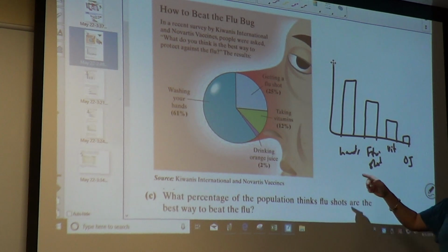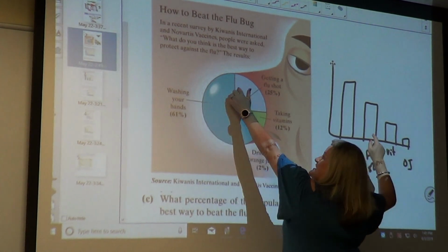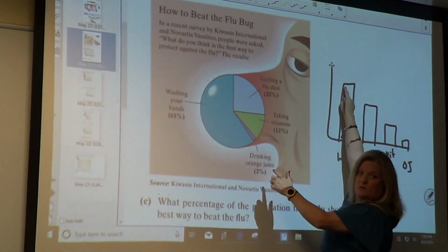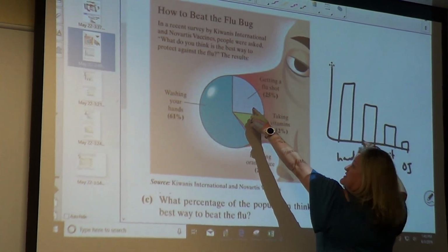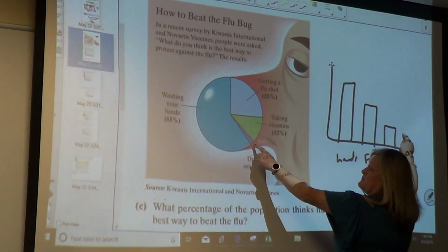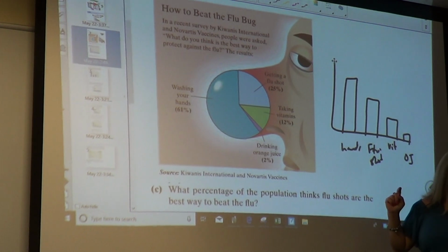I knew this was my largest piece of the pie, so I made it the biggest one. This was my next largest piece, this was my next largest, and this was my smallest piece of the pie.